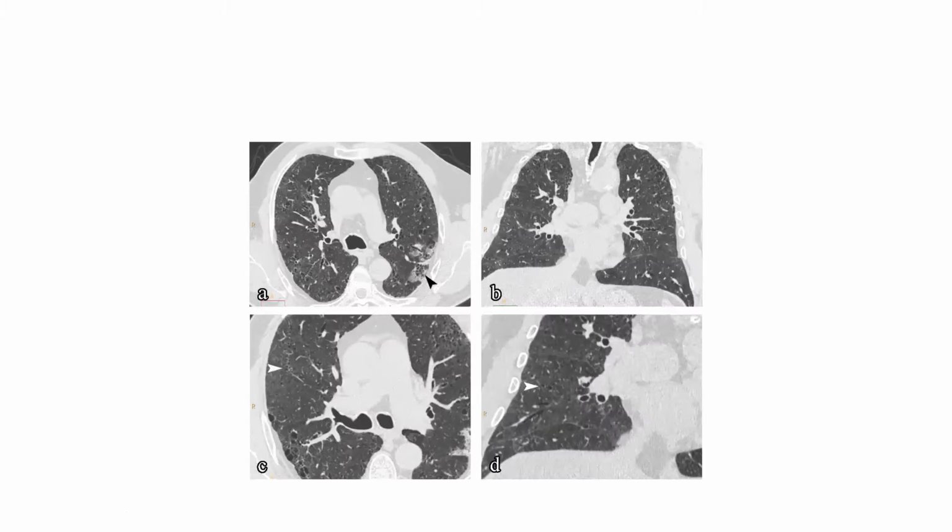Now this one, on the other hand, is DIP, desquamative interstitial pneumonitis. It is rather a grave finding with a poor prognosis. You see subpleural ground glass opacities and ground glass consolidations, microcystic areas.